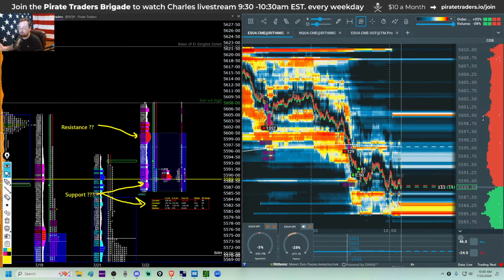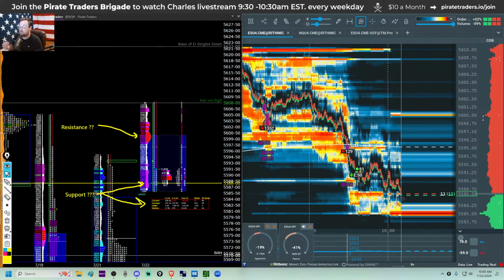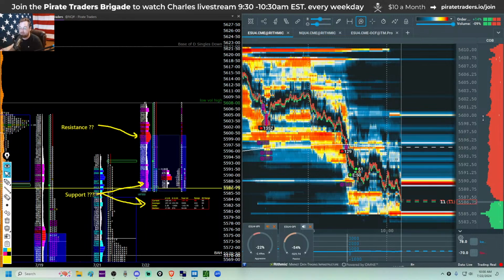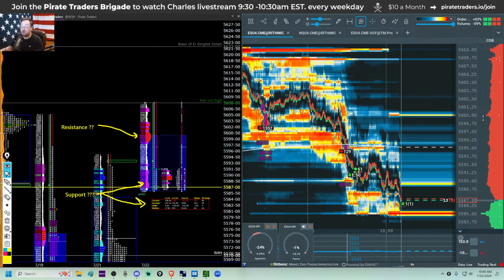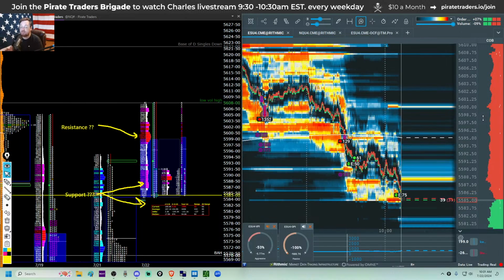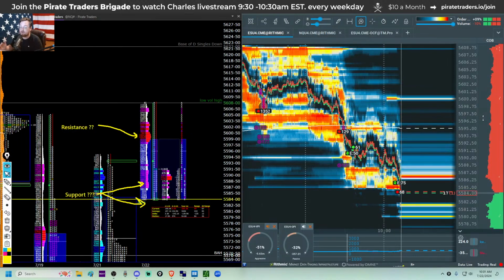Is the market just going to go sideways all day? Are we going to make a higher high or are we going to make a higher low? That in the beginning, it's just a question of what's going to happen before I even understand what the probabilities are, right? Well, now we know what the probabilities are. Because we made that higher high, we know the probabilities are we're going sideways inside yesterday's range or higher, not lower.